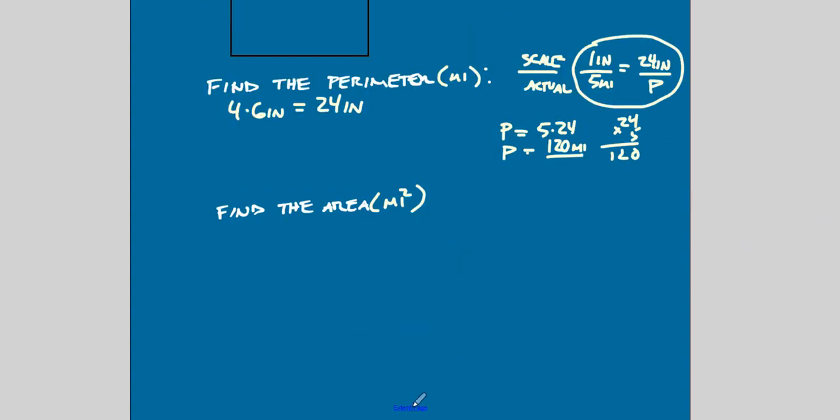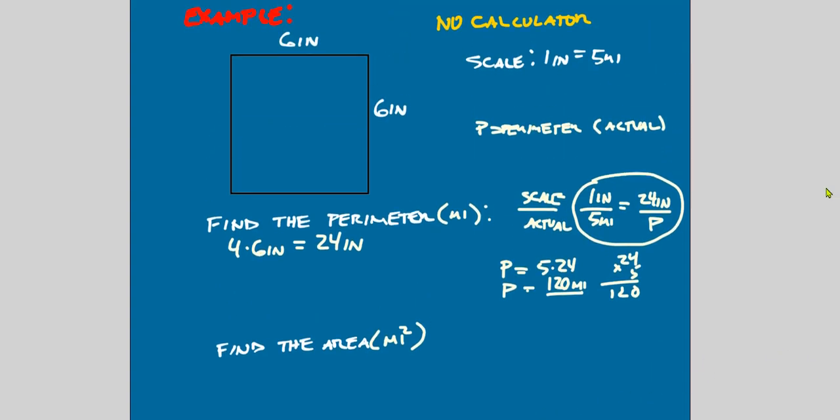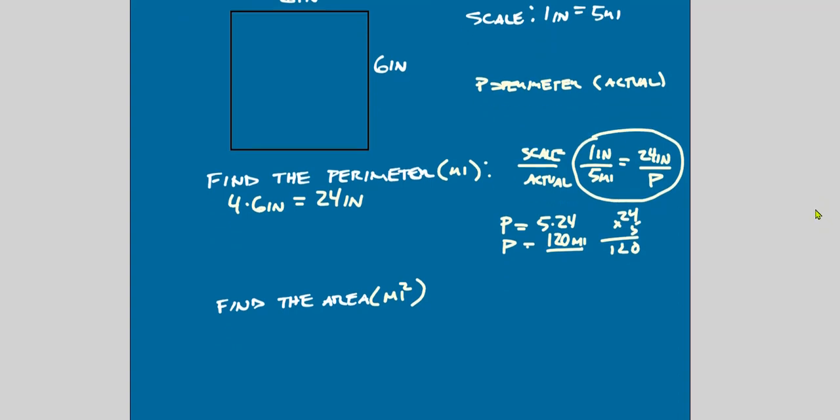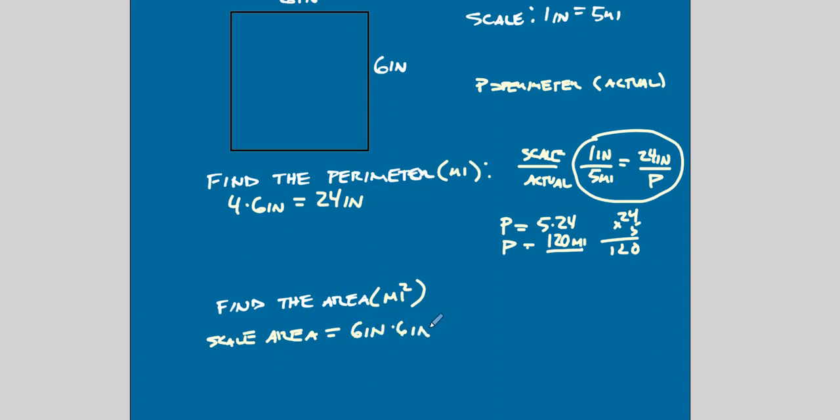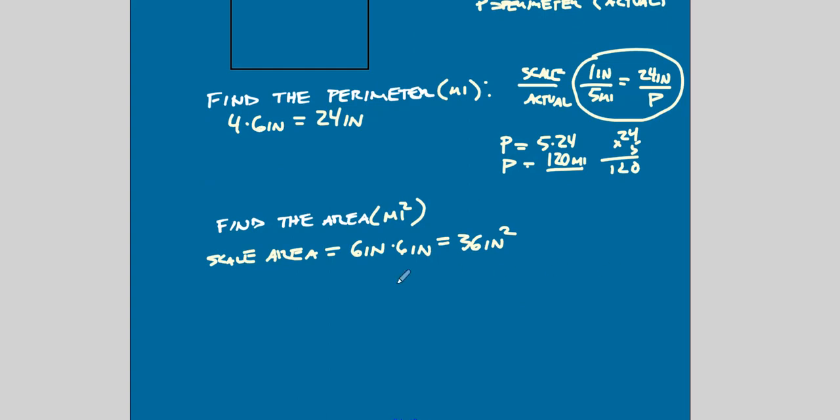Now the area is a little more interesting. So what I'm going to do is get the scale area. Scale area is side times side, so that's 6 inches times 6 inches, which is 36 square inches. That's the scale. So please watch what I'm doing here.